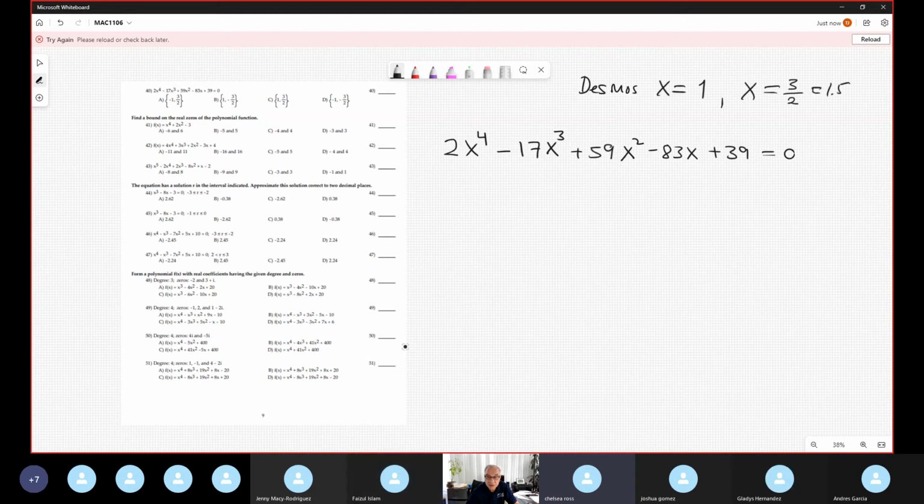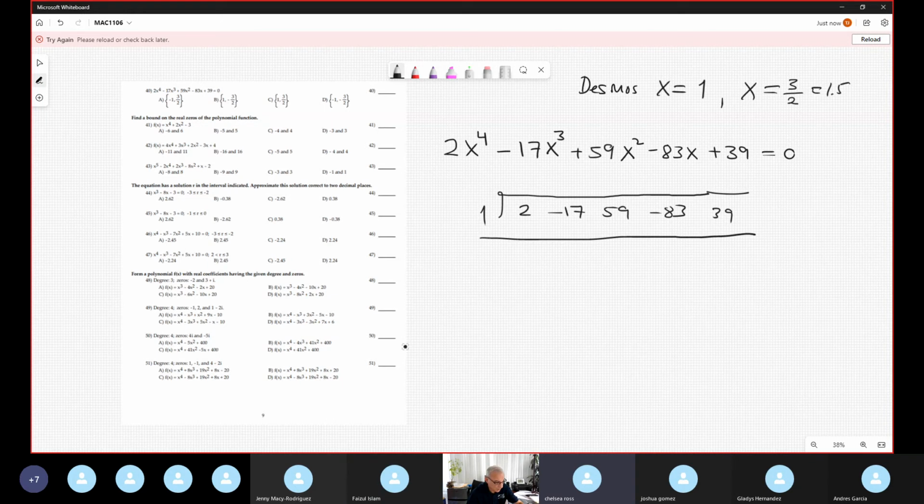Okay, we are doing at least 2 synthetic divisions. 2, minus 17, 59, minus 83, and 39. And you start with 1. Okay. Bring down 2. Multiplication is 2. This is minus 15. Multiplication is minus 15. And 59 minus 15 is 44.